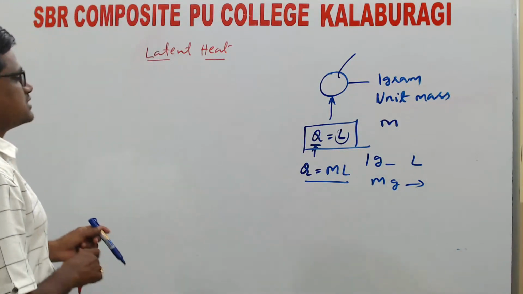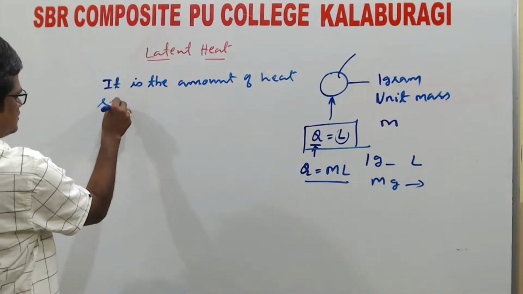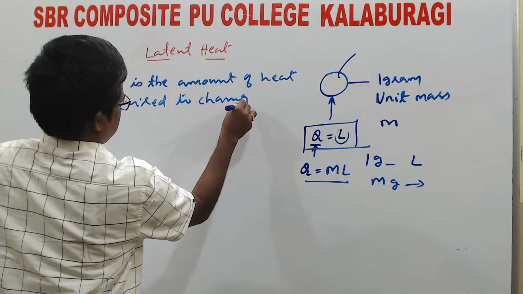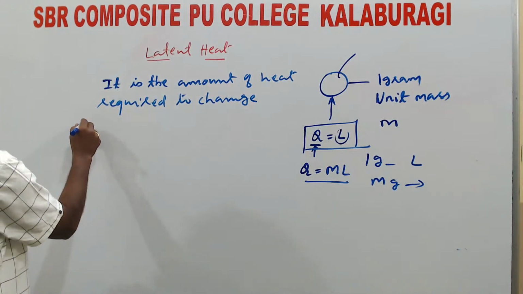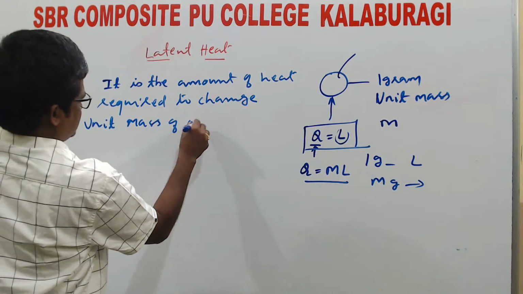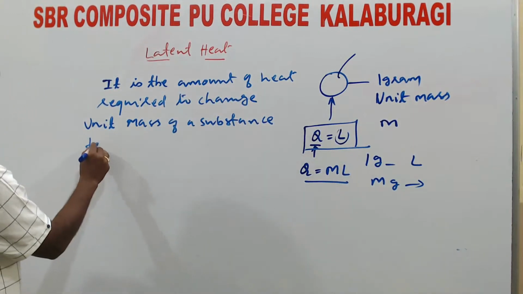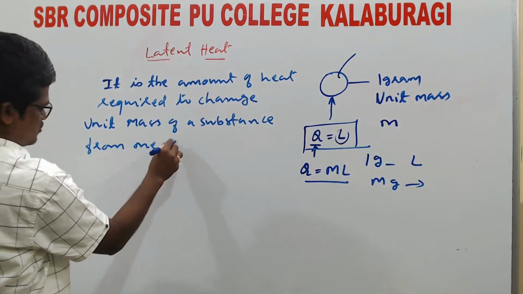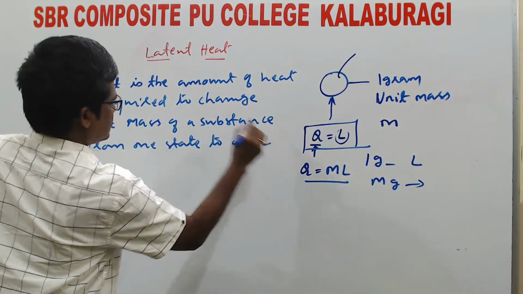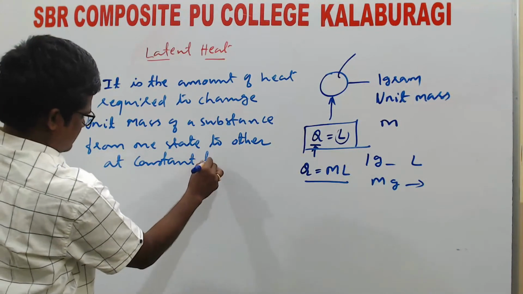What is latent heat? It is the amount of heat required to change the unit mass of a substance from one state to another at constant temperature.